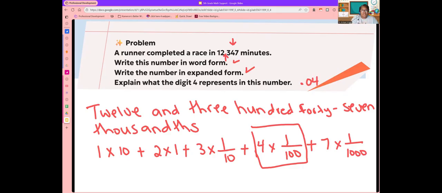And that would be the value of the 4 in this particular number as 4 hundredths. Of course, we could also write it as this fraction, which would be 4 over 100. But if we were to do the division of that, it would lead us right back here to the 4 hundredths as a decimal. And that represents this digit of 4 in this number.